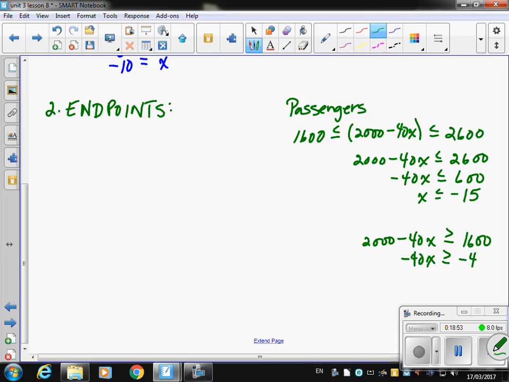Negative 400. When you divide by a negative, flip your sign. Okay. There are my two endpoints where x is greater than or equal to negative 15, less than or equal to 10.